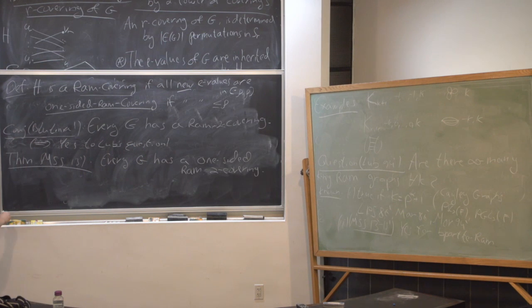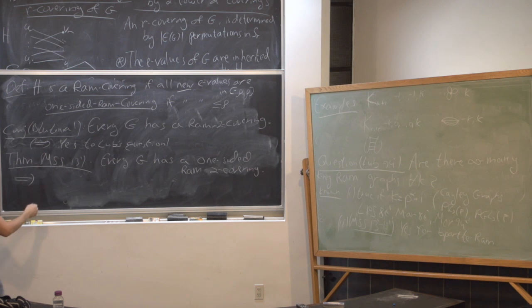Now, because of what we said about bipartite graphs, that they have a symmetric spectrum: if you start with a bipartite graph, then of course the covering is also bipartite, you still have two sides. Then the spectrum is symmetric, so if you can bound the spectrum from one side, you can also bound it from the other side.